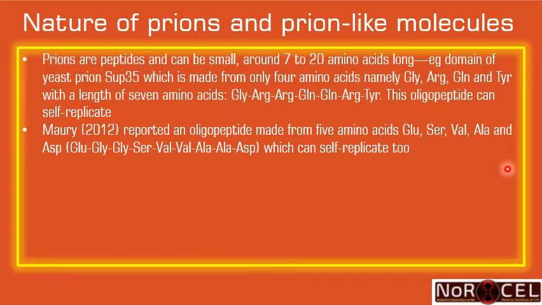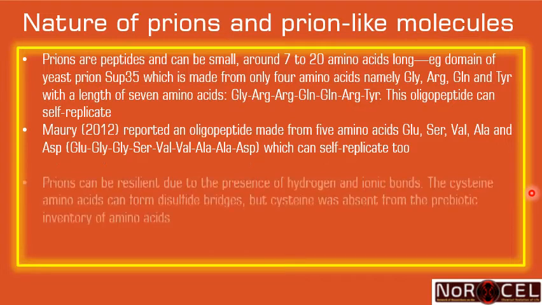Murray reported an oligopeptide made from 5 amino acids, namely glutamic acid, serine, valine, alanine and aspartic acid, with 9 amino acids strung together, and this oligopeptide can self-replicate too.